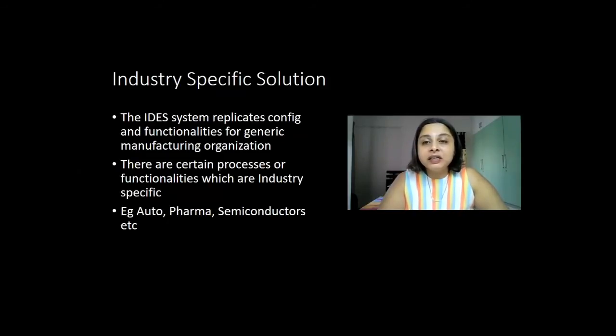These functionalities are not available in the IDES system. In case your customer is from one of these industries, and you're showcasing the IDES demo system to them, they will not be able to experience or explore the functionalities which are specific to their industry. That is the drawback of the IDES system.